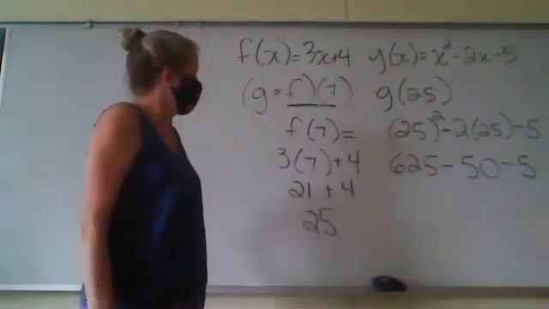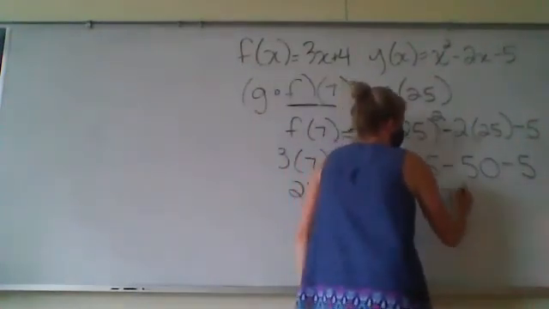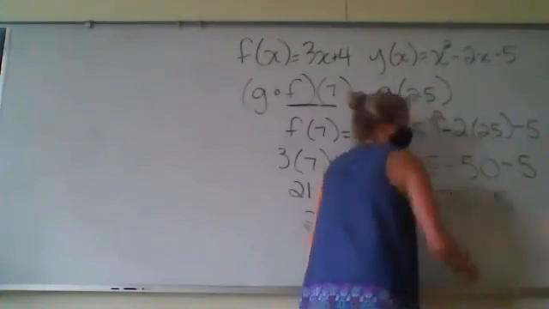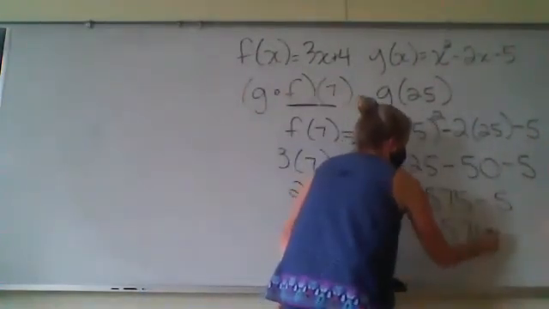Let's see, 625 minus 50 gives me 575. Bring down the minus 5, which gives me 570.